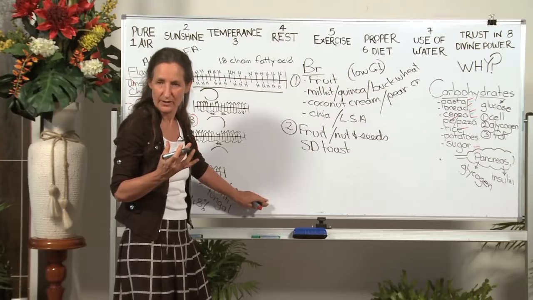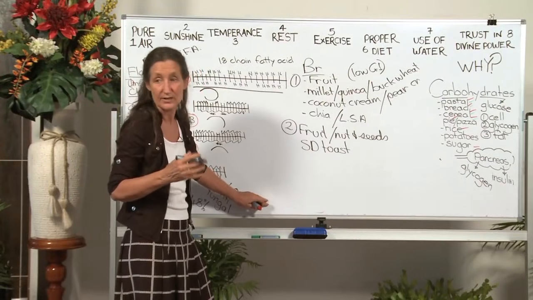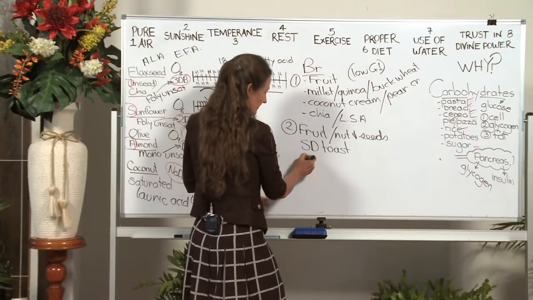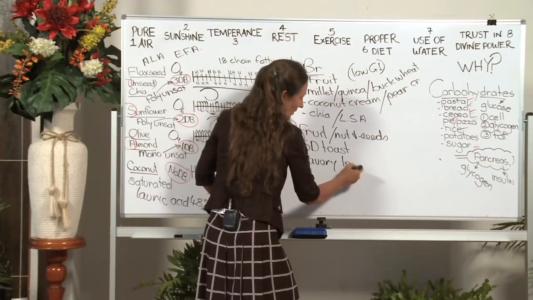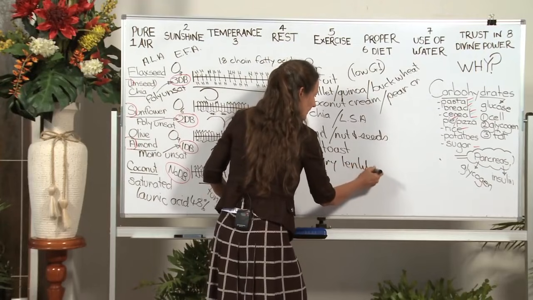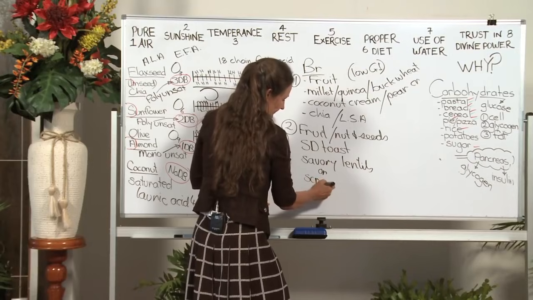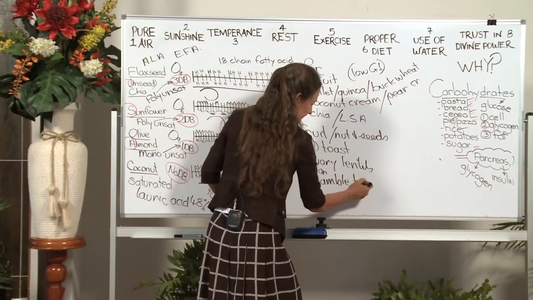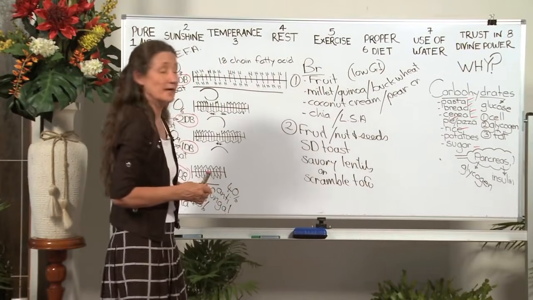It's a cultured bread. It breaks down the protein or the gluten in the grain, so sourdough bread is more digestible. On top of that, you might have some savoury lentils. Or on top of that, you might have some scrambled tofu, which is a delicious way to have tofu. Some may prefer that.